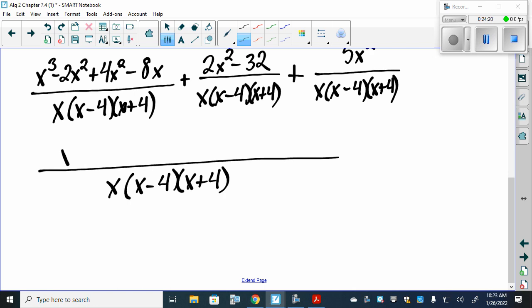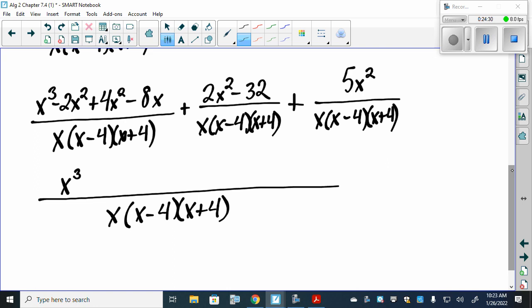So in the first part, we do have our x cubed. Here, the negative 2x squared plus 4x squared is going to be plus 2x squared, minus 8x, plus 2x squared, minus 32, plus 5x squared.